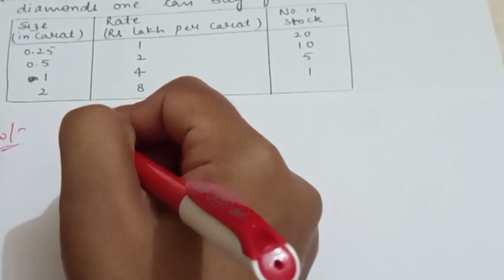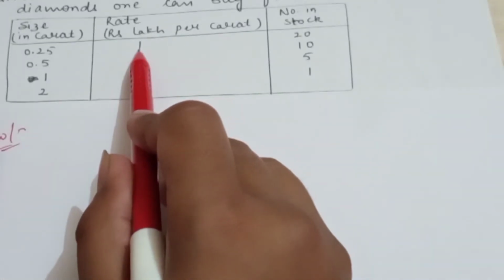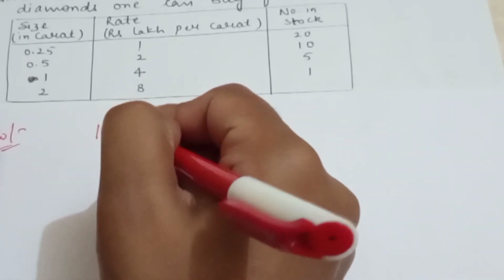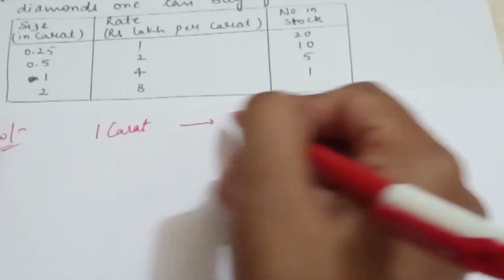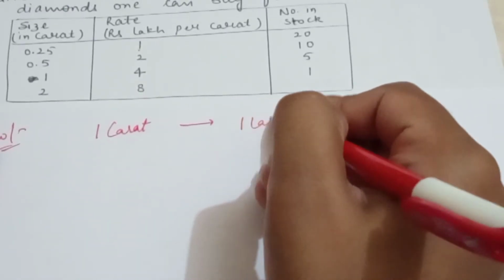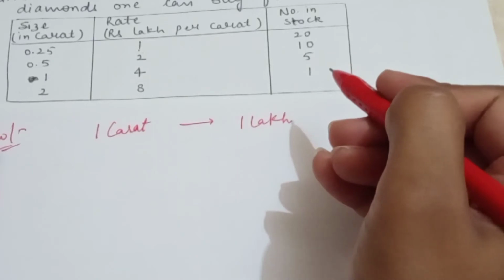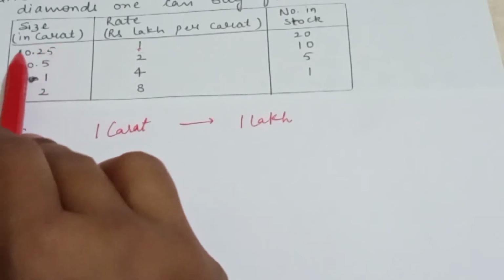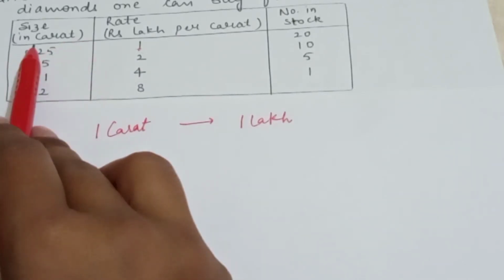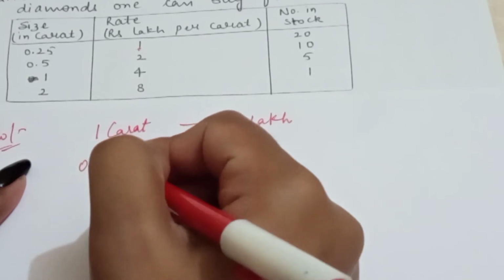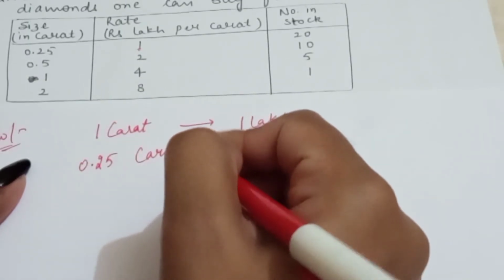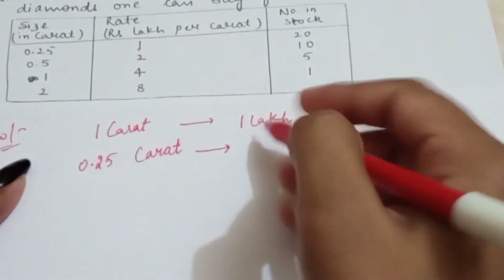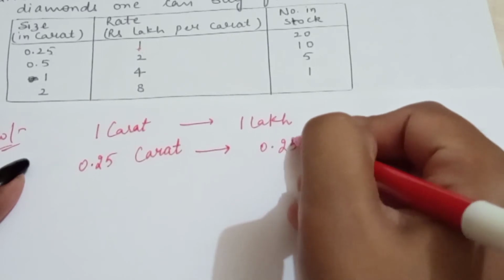As we know that for the very first size 0.25, 1 carat costs 1 lakh. Okay, and for this we have size 0.25 carat. It means a 0.25 carat diamond costs rupees 0.25 lakh.